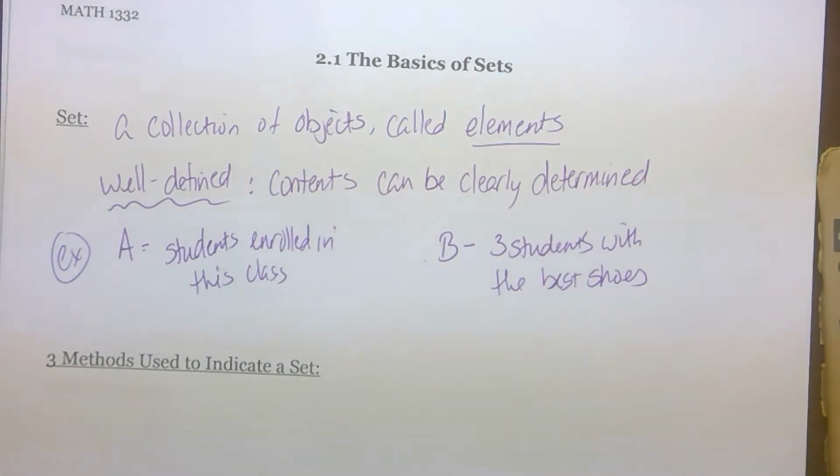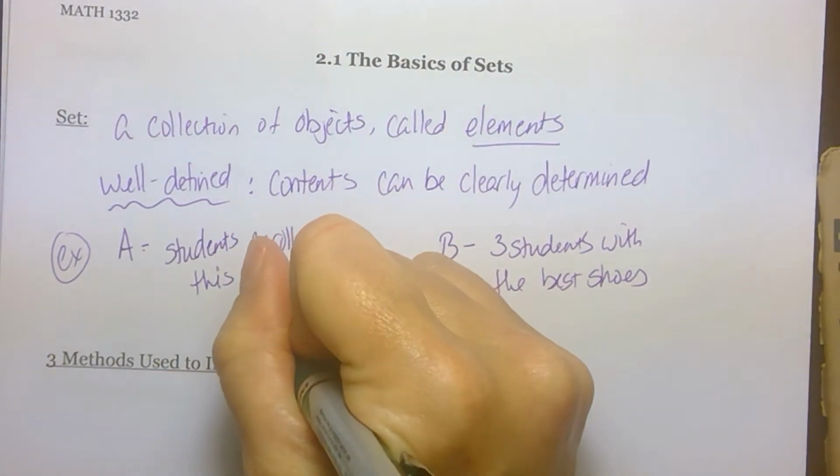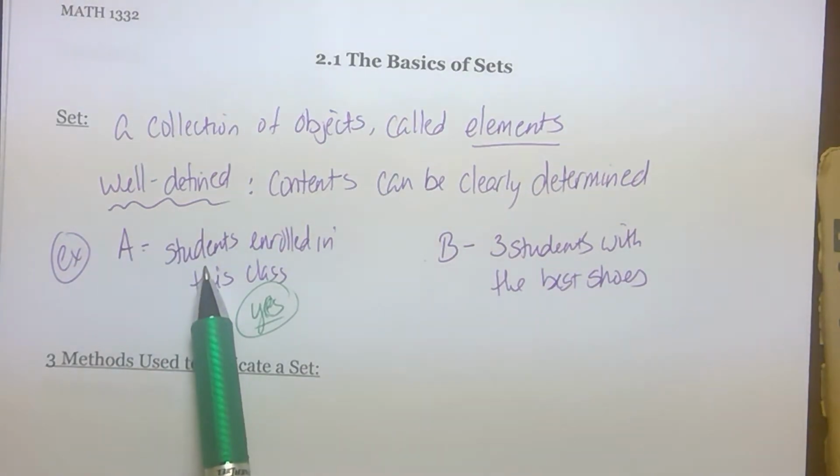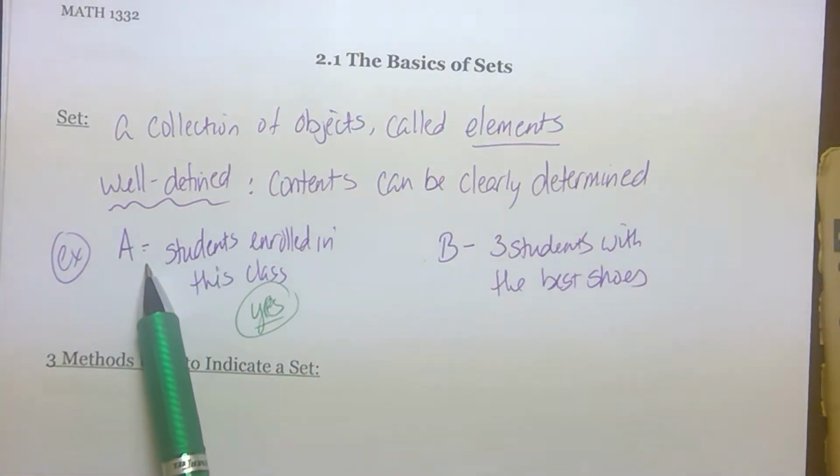Well, which one of these two is a well-defined set? Set A is definitely well-defined, because I can look at the roster and see who is enrolled in this class. I have no question about whether or not a student's name represents an element in set A.